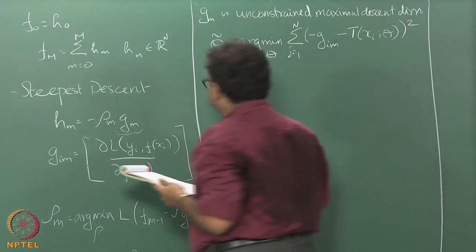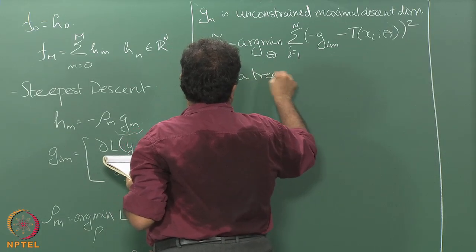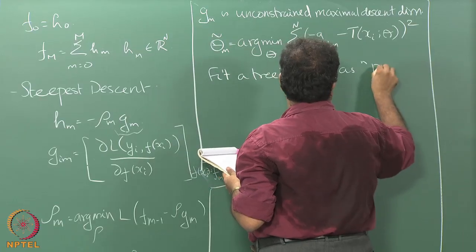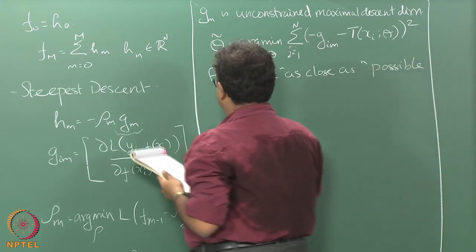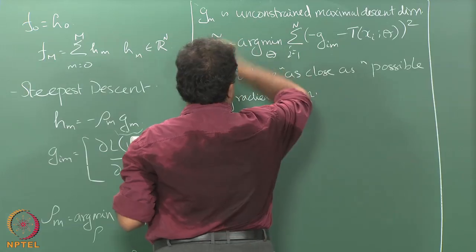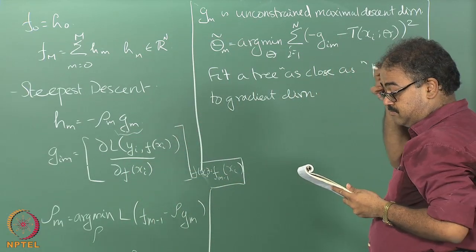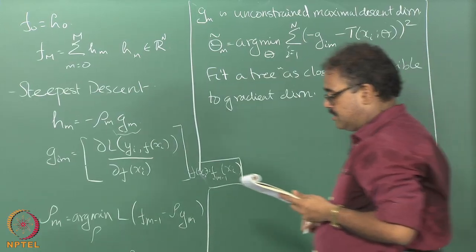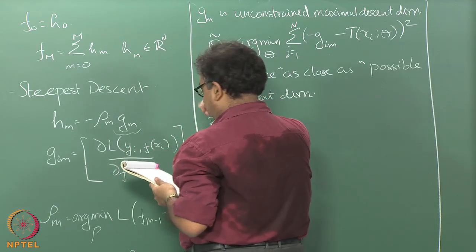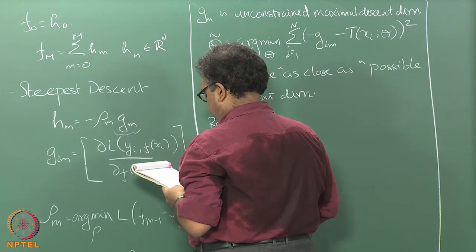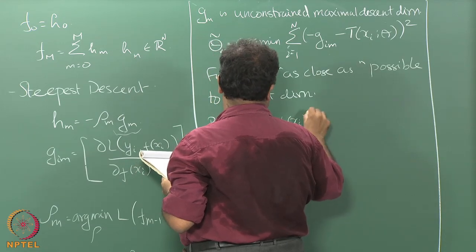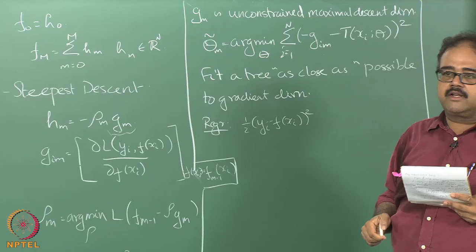So if the problem I am solving is, say, regression, if this is what I am solving, this is the squared error loss function, okay.